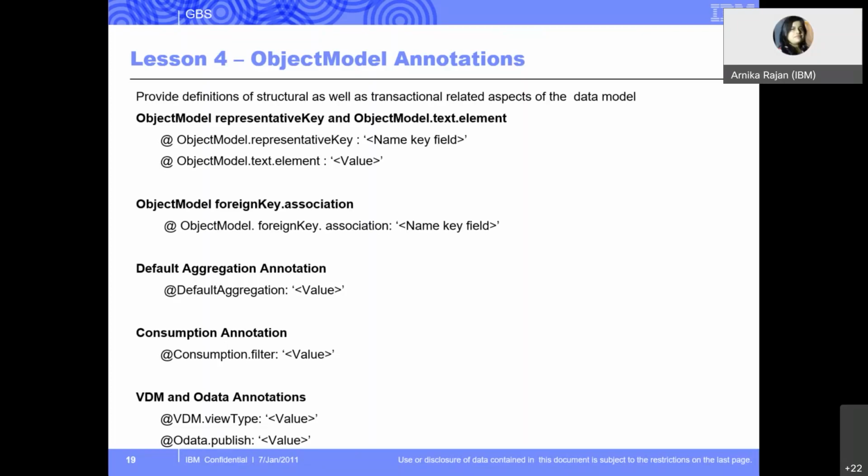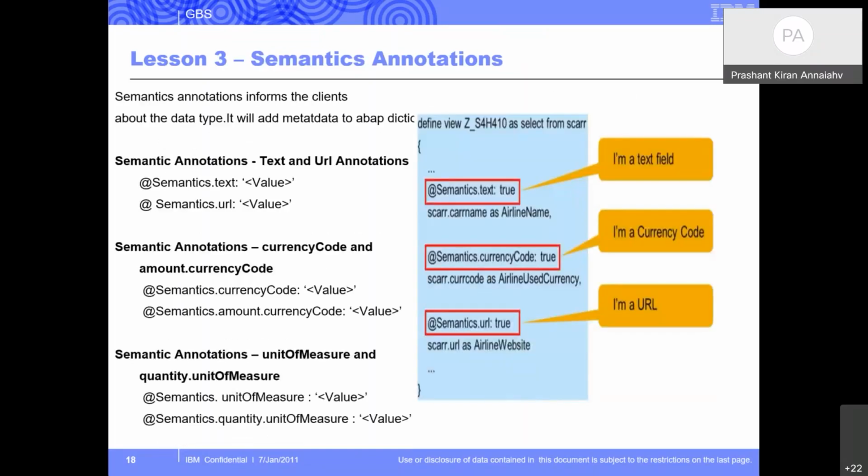And when you say name, key field, or if you go to the previous ones, semantics.text with value true or false. If I give true, what does it mean, to which fields would that semantic be applicable? Suppose you have one airline ID, a key for airline.